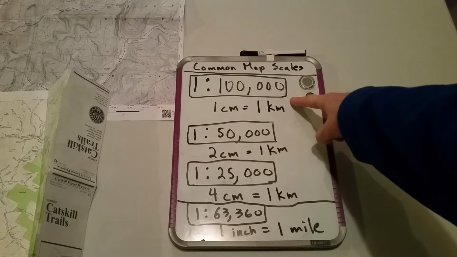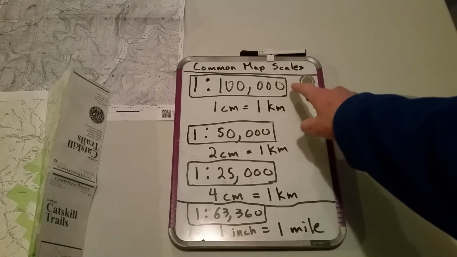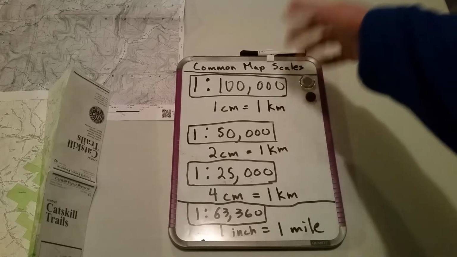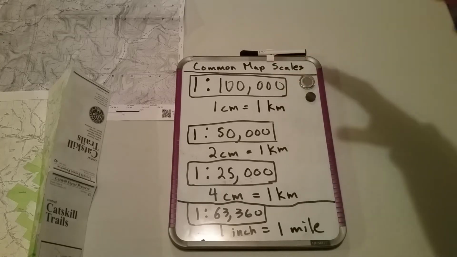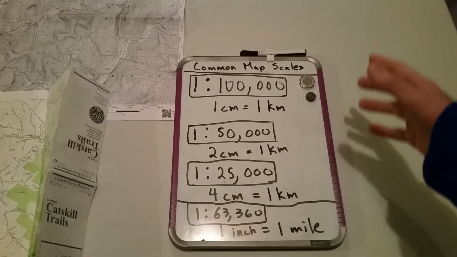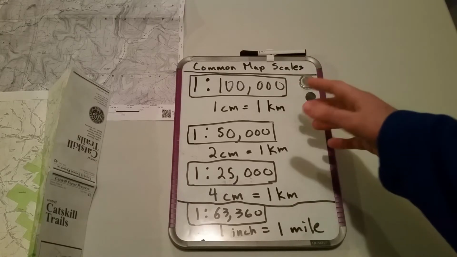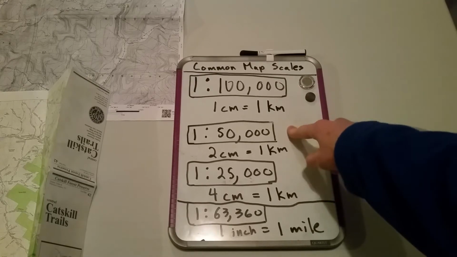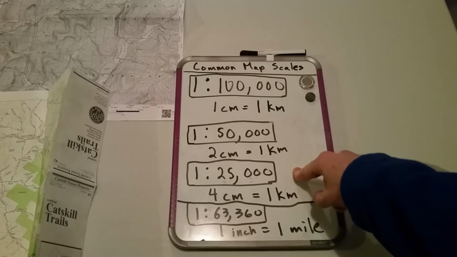If you want a larger picture, you're going to want to go with a 1 to 100,000 or 1 to 200,000 or even bigger, if you're looking at a large area, like an entire region. If you're looking for a more localized map, then you want to go into your 1 to 50,000 and your 1 to 25,000.